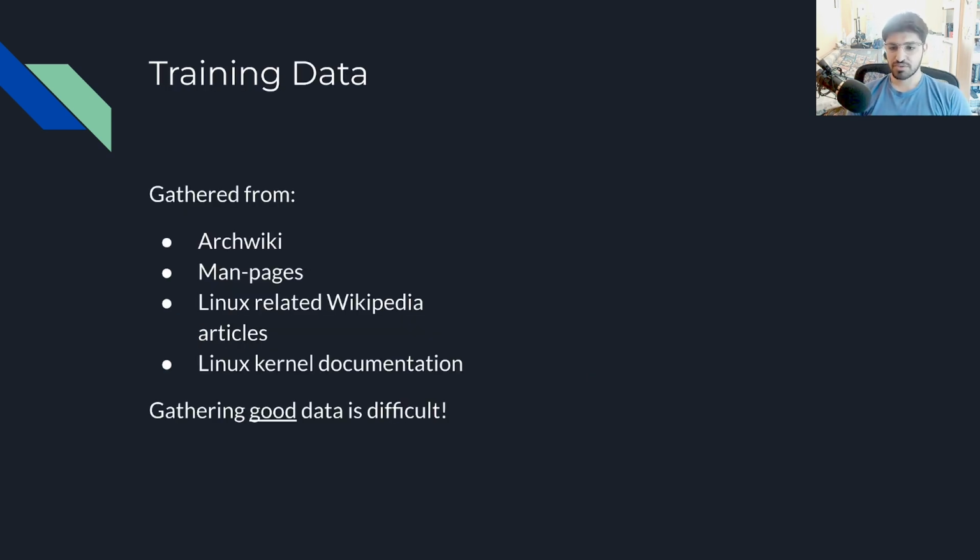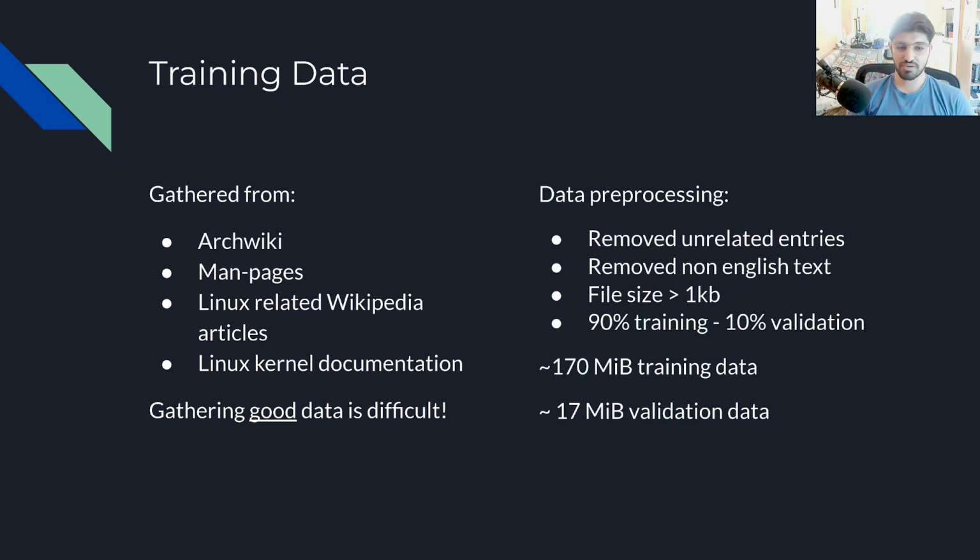The training data was gathered from the Arch Linux wiki, man pages, a few select Linux-related Wikipedia articles, and all of the Linux kernel documentation. I learned that gathering good data is difficult, and it requires a lot of preprocessing.